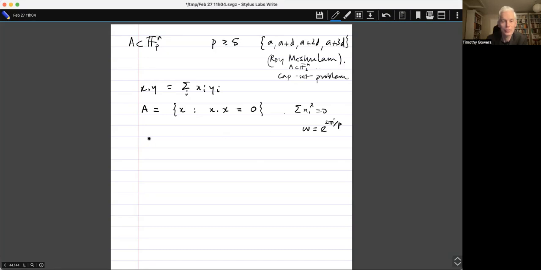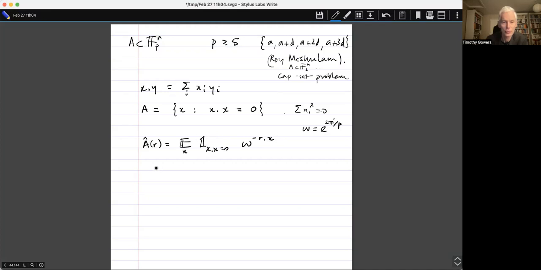And so now we're going to look at A hat of r, which is the average over all x of A(x), which I will write as 1 of x dot x equals 0, times omega to the minus r dot x.